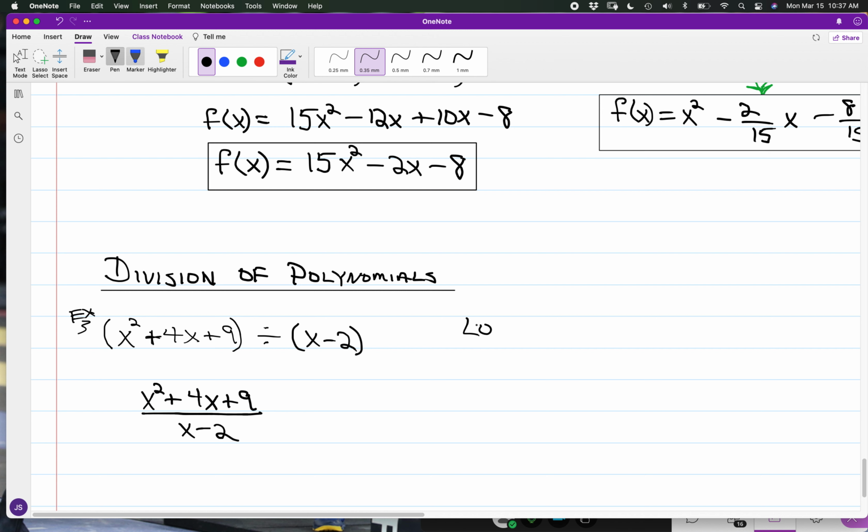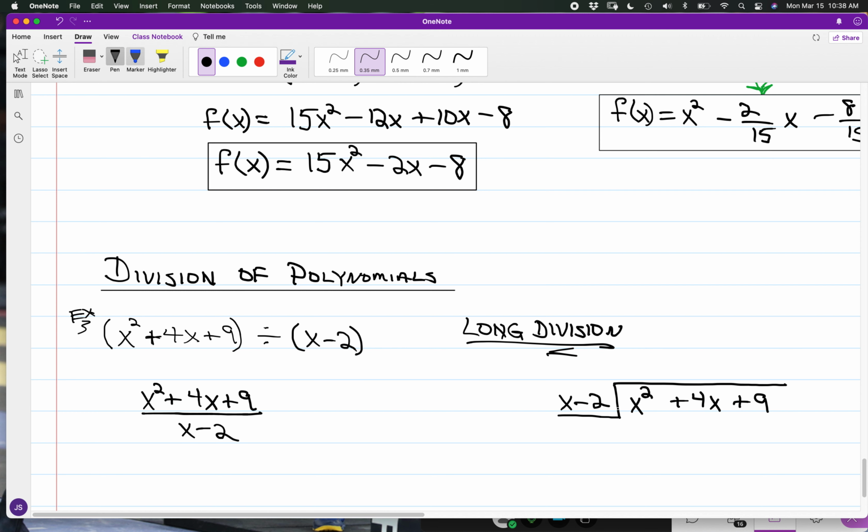Now, with what is regarded as the long division approach, here I'm looking at taking x minus 2 into x squared plus 4x plus 9.